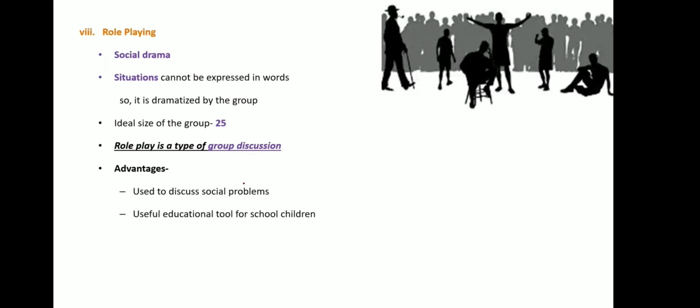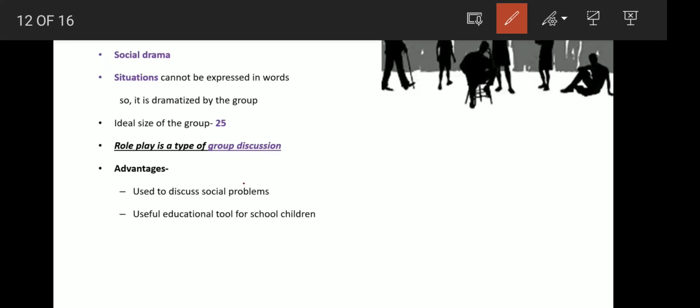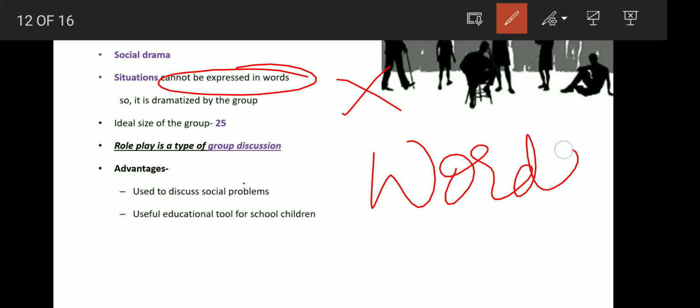Moving on to role playing or social drama. It is based on the assumption that the values in a situation just cannot be expressed in words. Words will not suffice. So when it is dramatized by a group of people, then the people can actually relate to it.